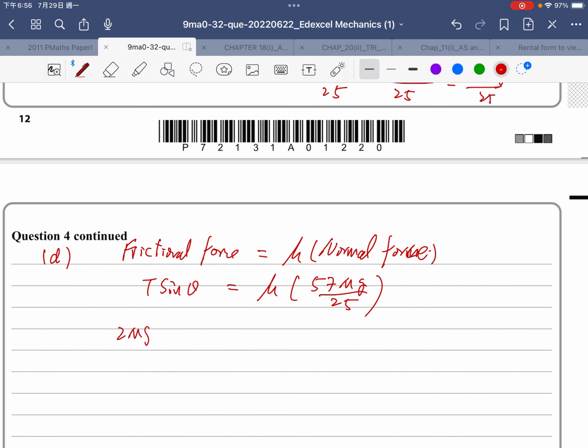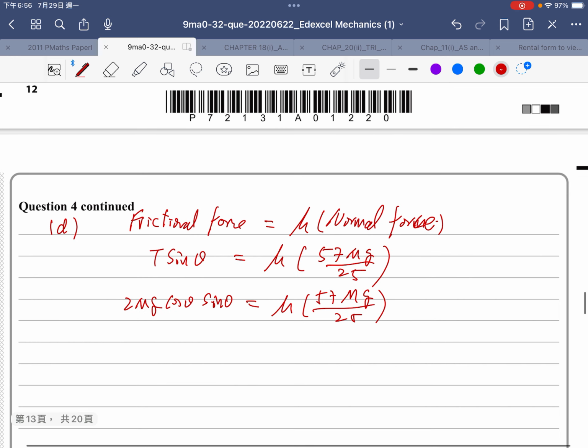Put T equal to 2mg cosine theta, sine theta, and mu times 57mg over 25.